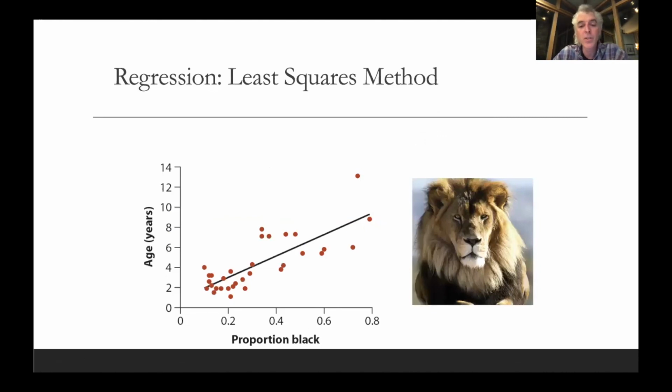And so when we do this for our lion example, this is the line of best fit that we get, the line that minimizes the sum of squared deviations between each observed value and the fitted value. So this is our linear regression. This is our line of best fit.